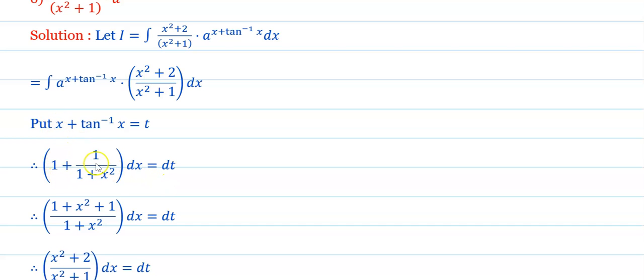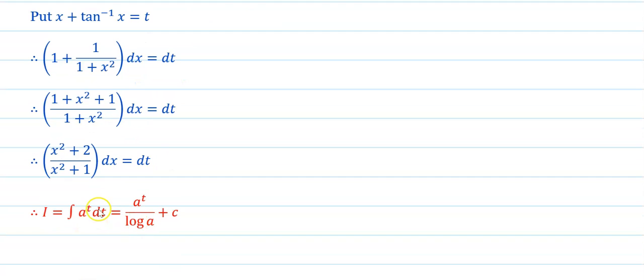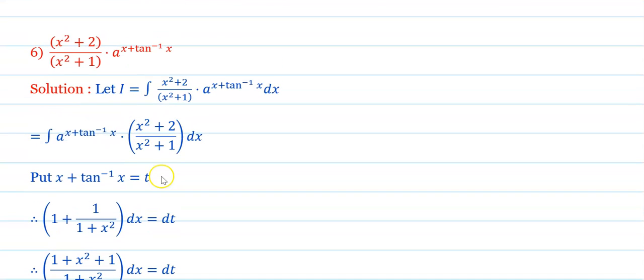Derivative of x is 1, derivative of tan inverse of x is 1 upon 1 plus x square, bracket complete into dx is equals to dt. Okay, here पुन्हा simplification करणार. 1 plus x square into 1, you will get 1 plus x square plus 1, means what? x square plus 2 upon 1 plus x square bracket complete into dx is equals to dt, and hence we have x square plus 2 upon x square plus 1 bracket complete into dx is equals to dt.